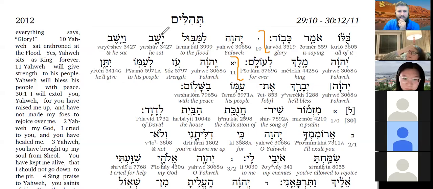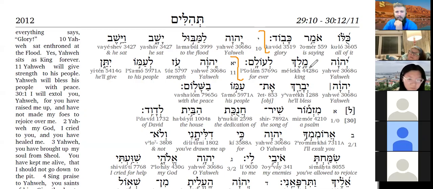What does that mean? The Lord to the flood, mabul, that's used for Noah's flood, yashav. He sat on the flood? He established, like he was sovereign over it. Sovereign over it, yeah.